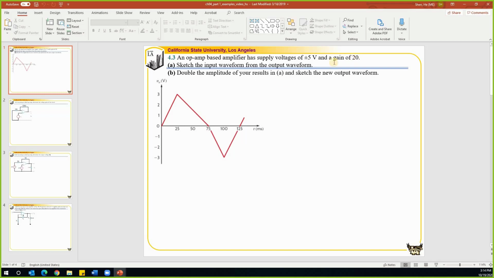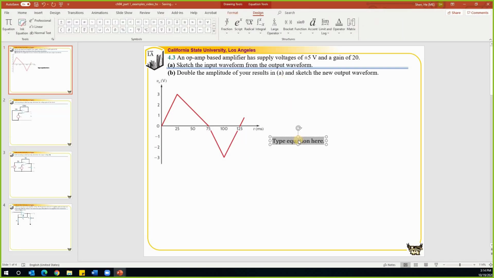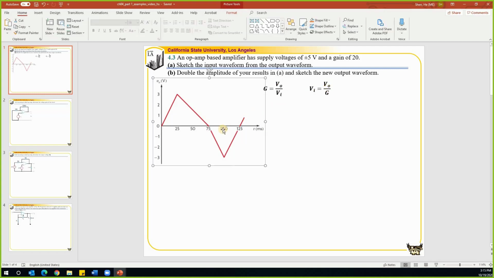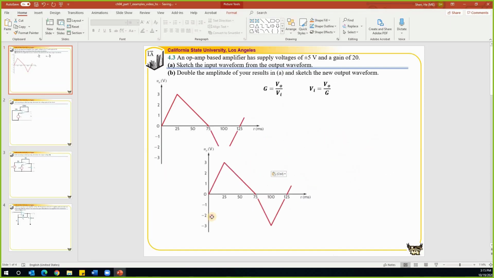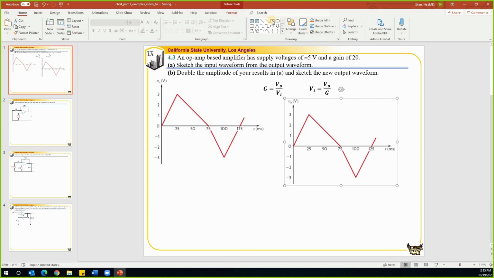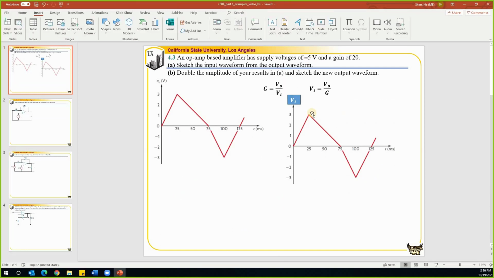Since we know the gain is 20, and the gain is defined as the ratio of the output over the input, the input will be equal to the output divided by the gain. So the input will be of the same form, but 20 times smaller.